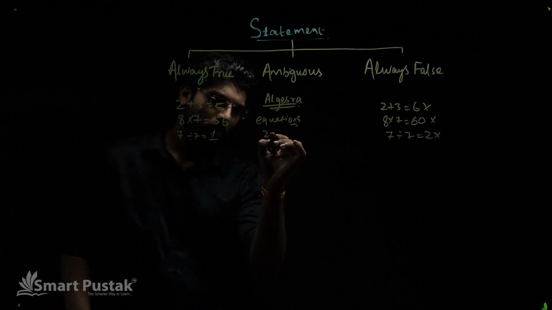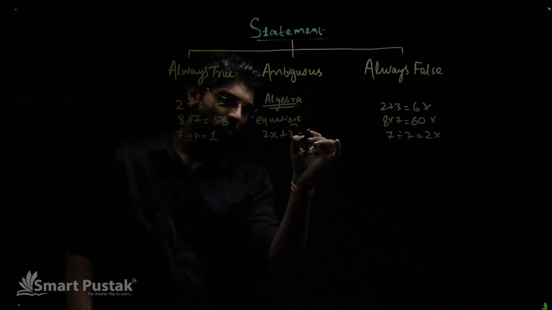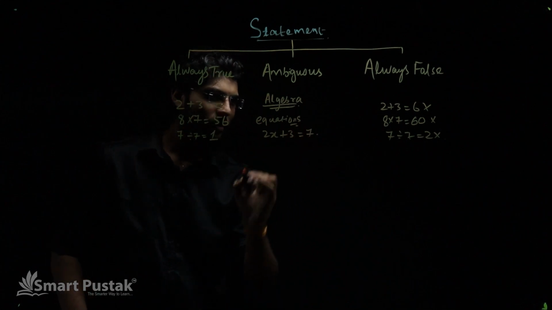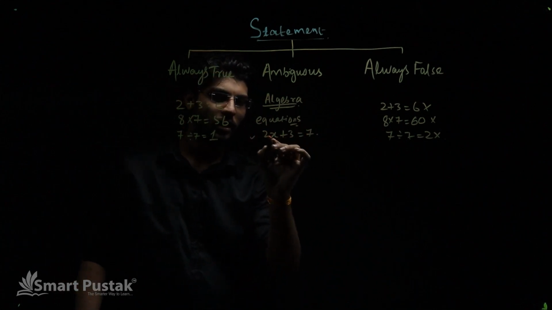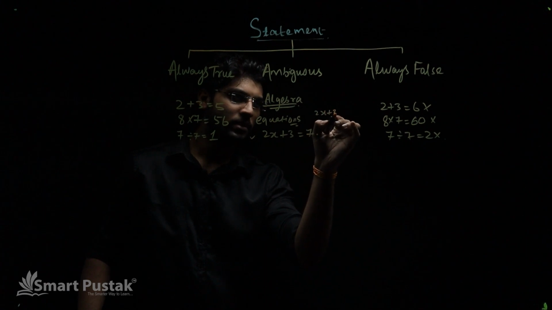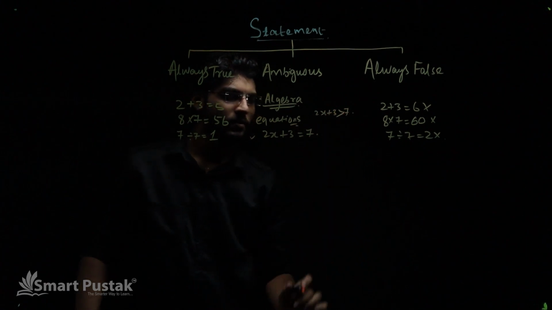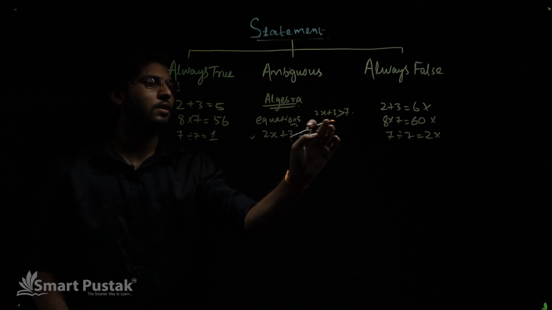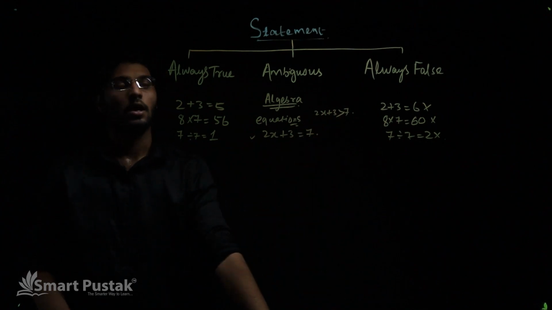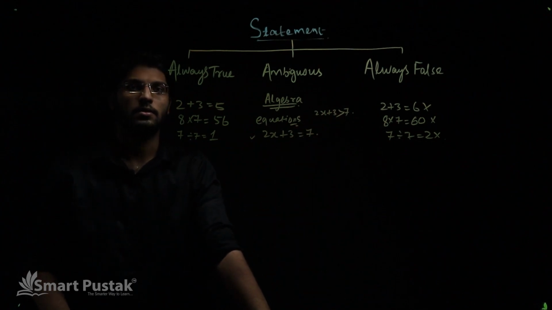We can say 2x plus 3 is equal to 7. It consists of an equal to sign, that's why it is called an equation. But 2x plus 3 greater than 7 is not an equation, because it doesn't contain any equal to sign. It contains a greater than symbol.